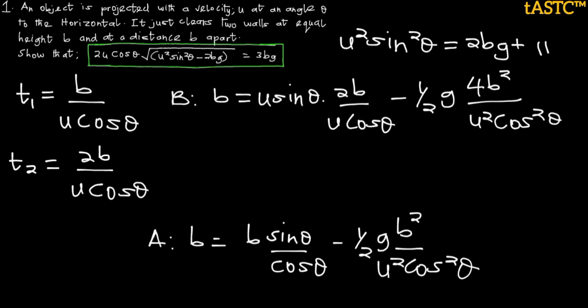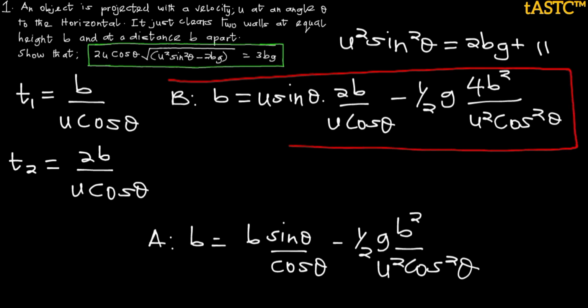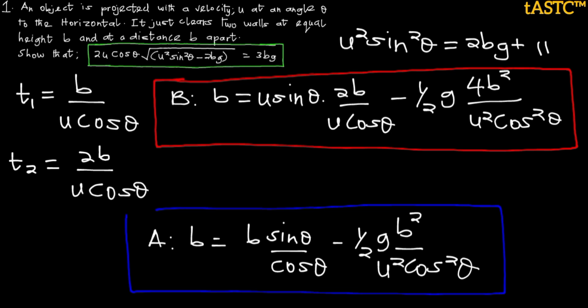That will be the displacement involved if you were actually required to have that ball pass the second wall. So this stands for the second wall, and this would stand for the first wall. Now we're not yet done.